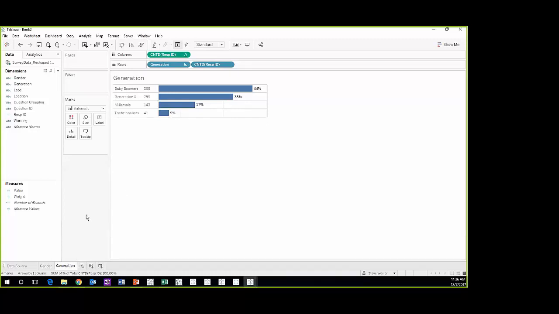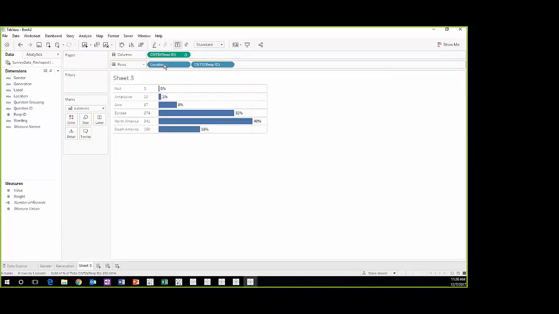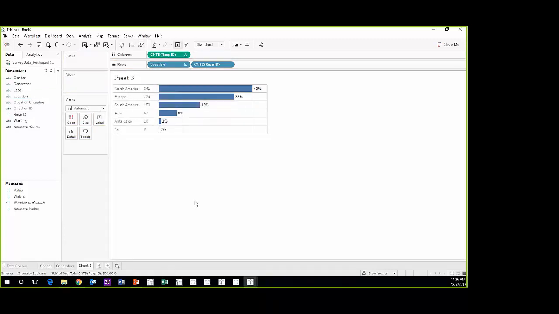And let me duplicate this. And in addition to generation and gender, let me do location, sort this in descending order, and I'm seeing something that bothers me, the word null, and everyone will see that.